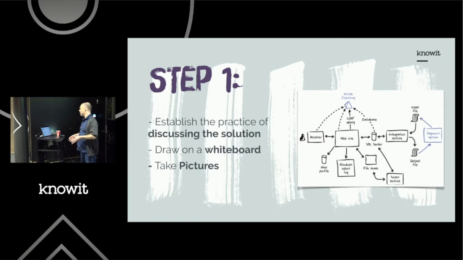Draw it on the whiteboard. What are the components of the solution? How does it tie together? You go back in and the individual developer starts implementing user stories without a clear understanding of the bigger picture and the plan.